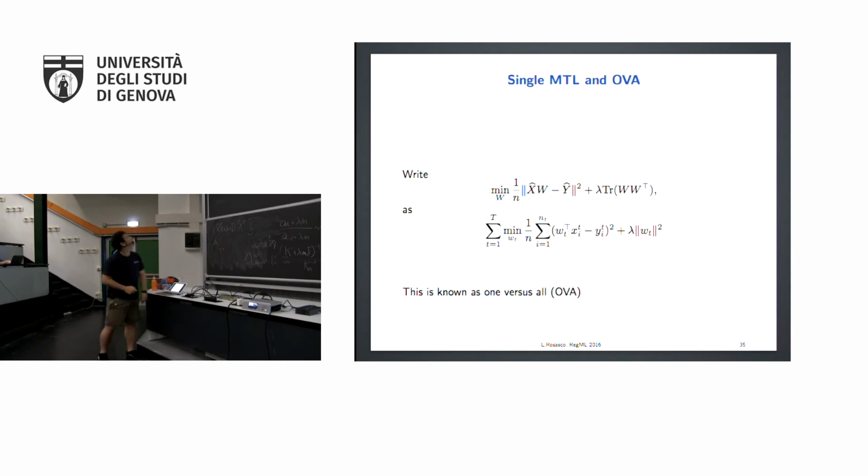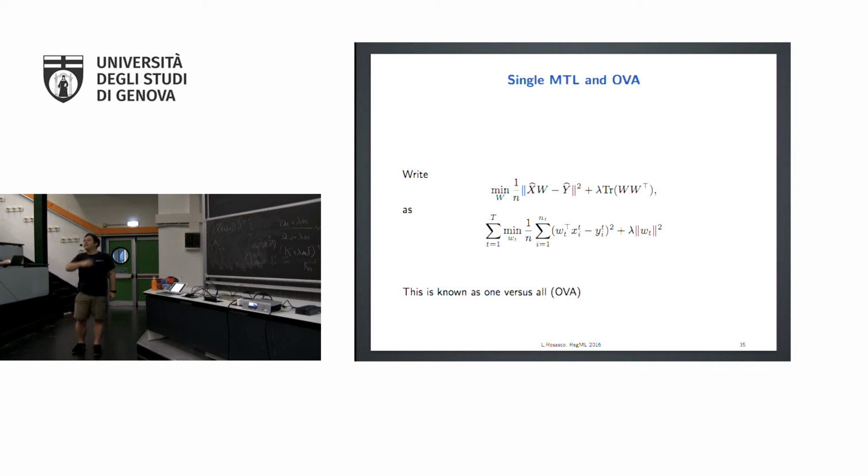Well, the first observation we make here is that once you choose the binary encoding and you put the trivial choice of the structure matrix, you're doing exactly one versus all. There's nothing else. So let's just appreciate that this is true. This is exactly the equation we stared at for a little bit.